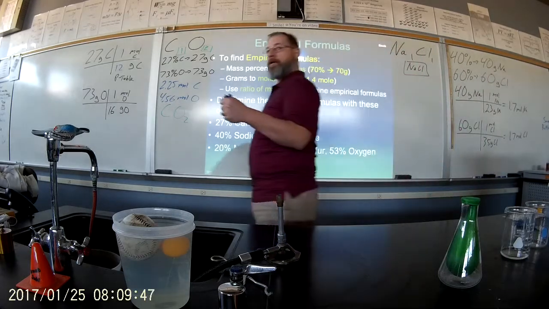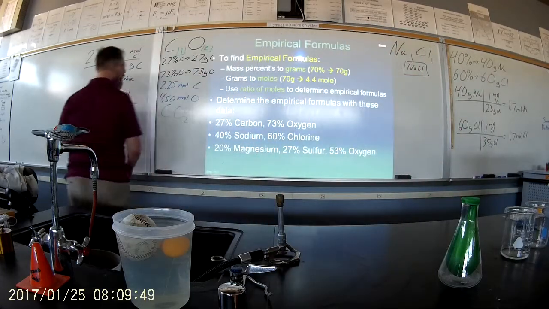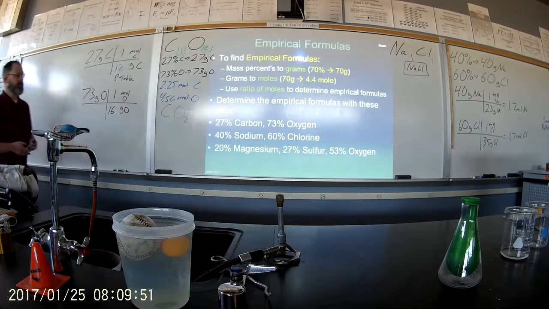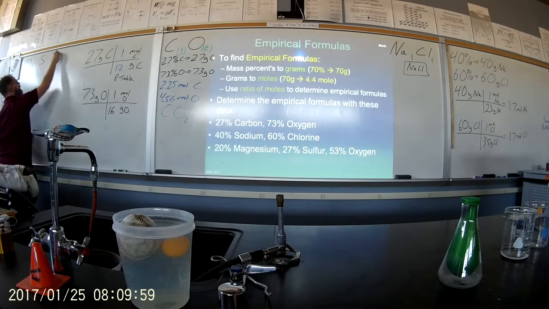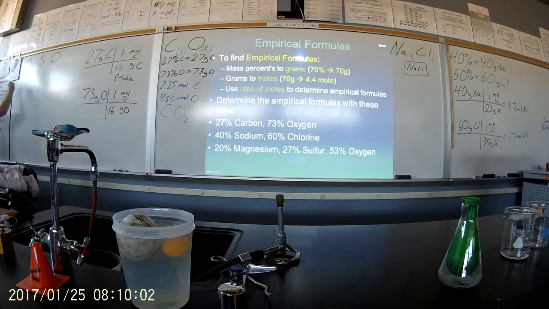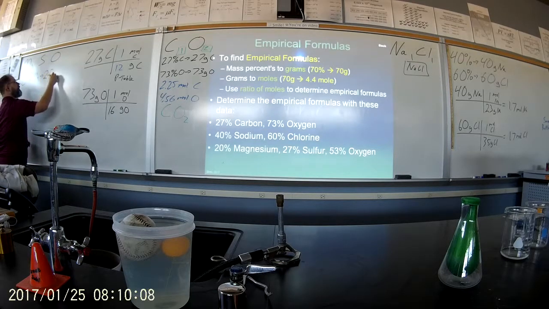So let's do another one together. This one's going to have 3 elements. Oh no. Okay. So this one's going to have magnesium, it's going to have sulfur, and it's going to have oxygen. There's 20% magnesium, which we're going to turn into 20 grams of magnesium.